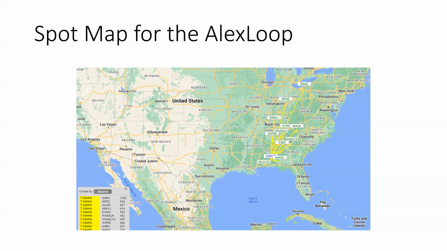So a little confusing maybe for the system, but I needed a different call for the Alex loop. So I borrowed the club call W4RYZ. So you can see W4RYZ there, and you can see N4KGL to the east. So it decoded the loop here in Dothan.